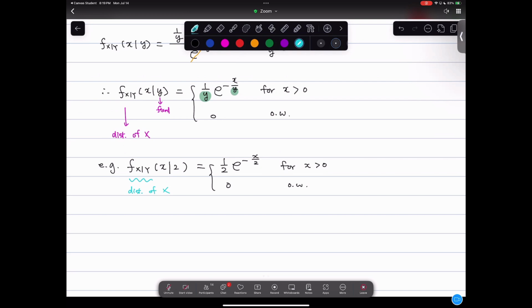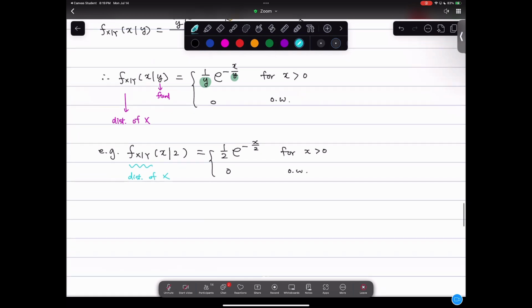Again, for a given y value, you might notice this is the distribution of x. It's a PDF. So this is going to be the graph of this, such that the entire area under that conditional PDF is always 1.